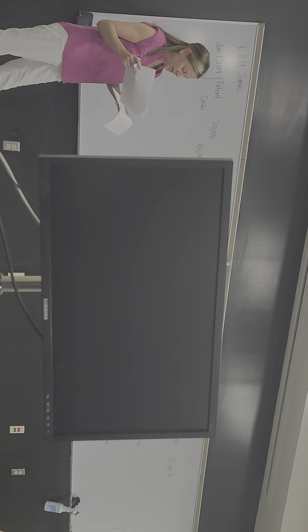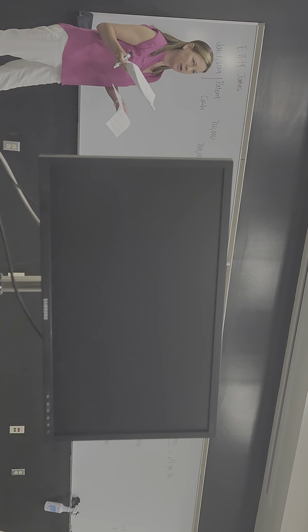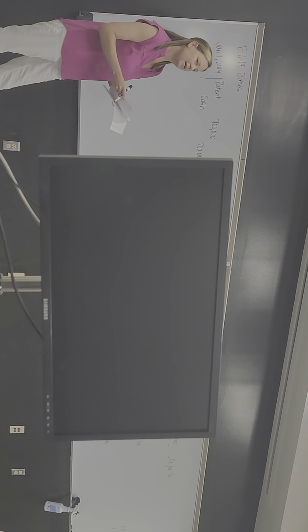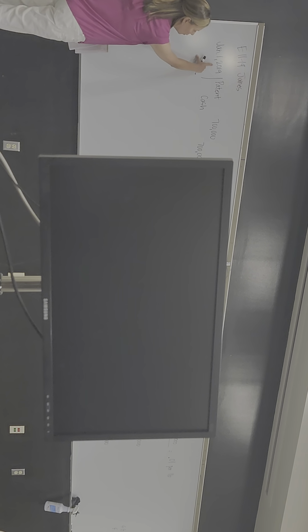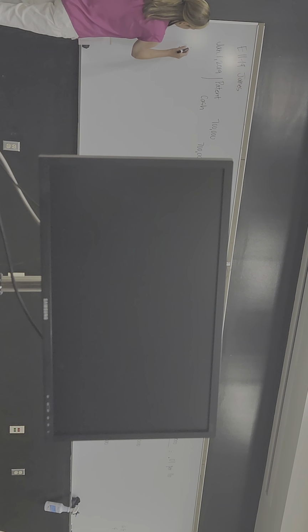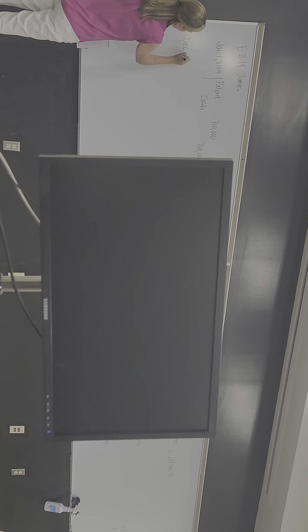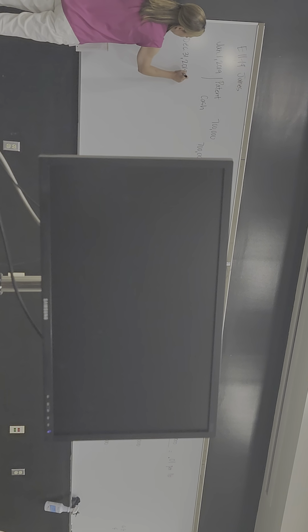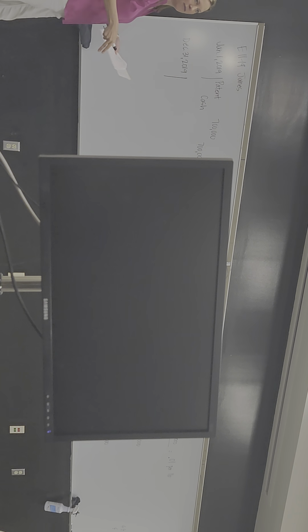Now, when I get to B, we jump ahead to 2021, but there are some things that have to happen before we get to 2021. So on December 31st, 2019, we need to record our amortization of the patent.